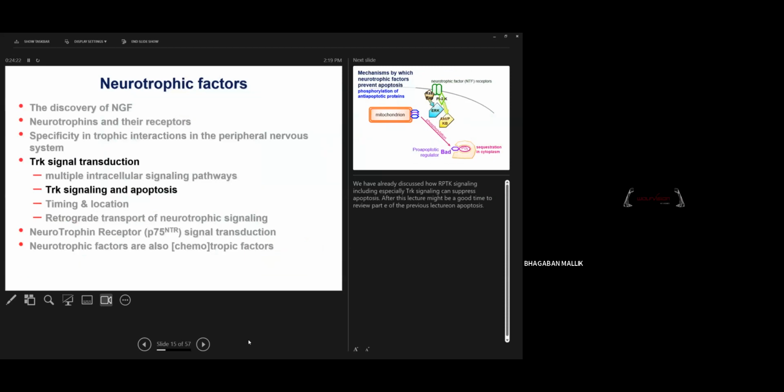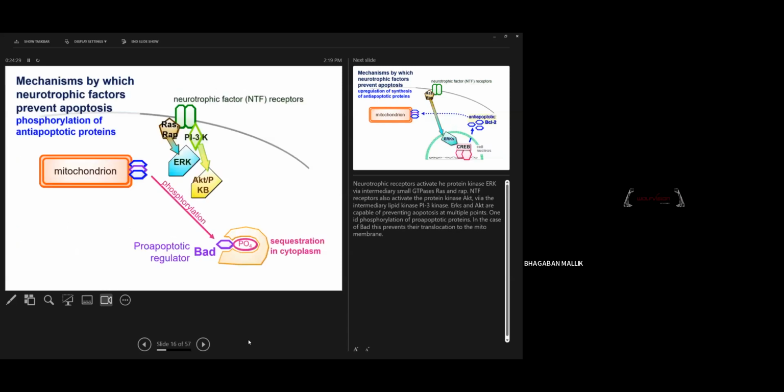So we partially covered apoptosis in the context of neurotrophic factor signaling in the mitochondria. Here I want to highlight again how the neurotrophic signaling can regulate the apoptosis. So here, this is the mitochondria, and here are the neurotrophins. We are talking about the NGF. When NGF binds to this neurotrophic receptor, you have dimerization, you have autophosphorylation in the intracellular domain, then you have a recruitment of the effector.